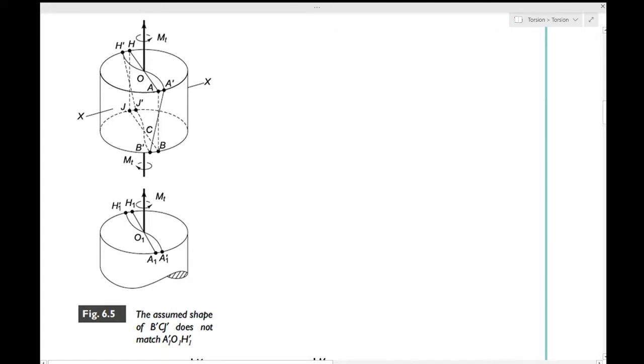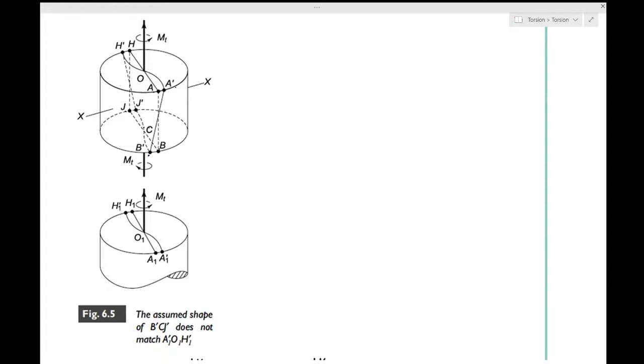Now when the twisting moment MT is applied, this section will deform into some distorted shape. So let's assume that distorted shape is H dash, O, A dash, B dash, C and J dash. Okay, and clearly this distorted shape is no longer planar, because of these curves which you have.